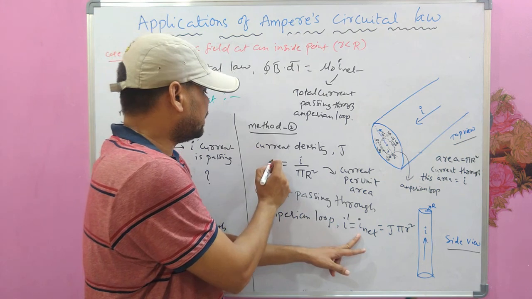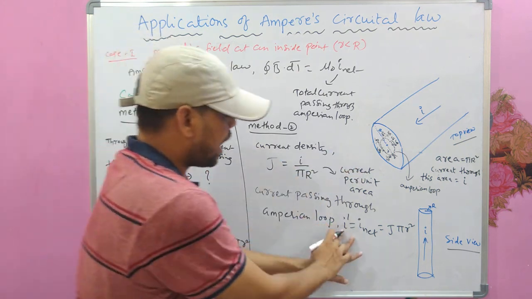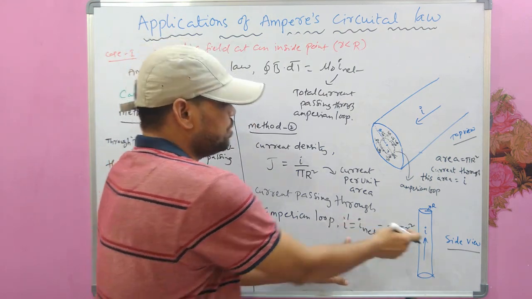So I prime is J, current density, into the Amperian loop area.